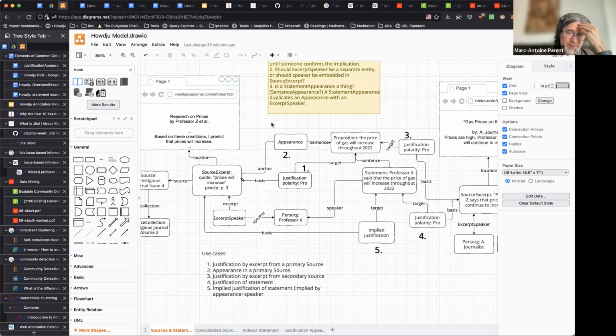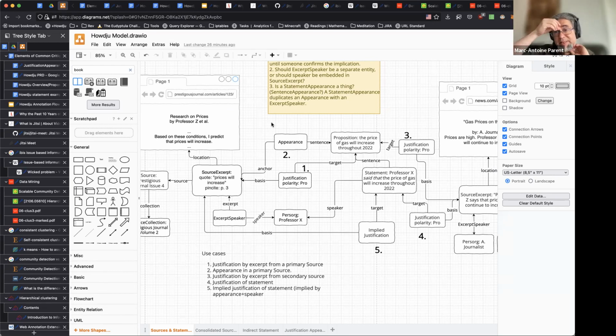First, apologies, I misunderstood justifications. I thought they were arguments. So a lot of what I said was not exactly relevant, though I still think it is, but I'll need to argue it differently. If we go back to my example, Professor Z saying, based on these conditions, I believe the prices would increase. That's a positive appearance.